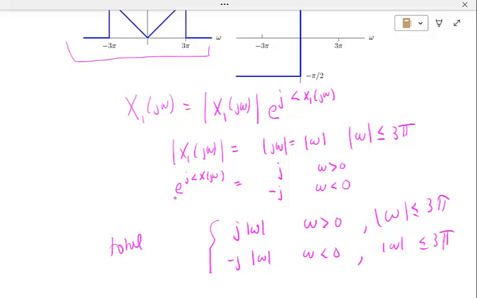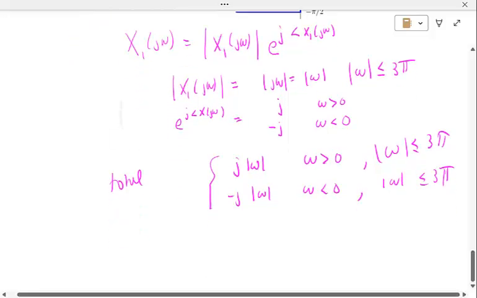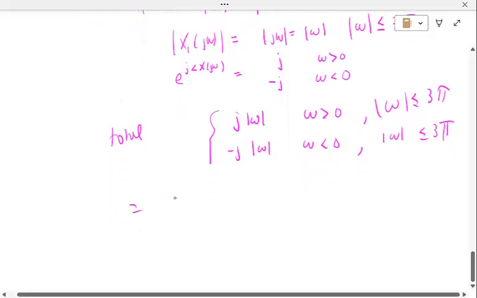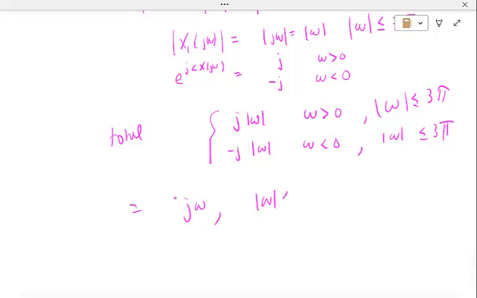Now look, when omega is positive, this is positive; when omega is negative, this is negative. So I can just take off the absolute value. This is just equal to j omega for the absolute value of omega less than or equal to 3 pi. Okay? All right. Now I can just use this in my Fourier inverse transform formula.